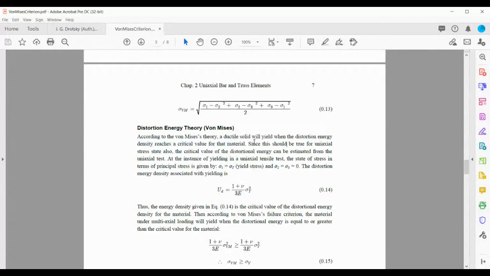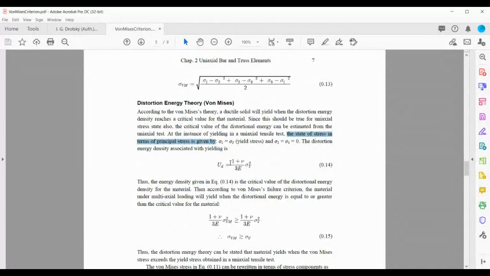Since this should be true for uniaxial stress also, because you can have materials in triaxial and biaxial conditions, the critical value of the distortion energy can be estimated from a uniaxial test. At the instance of yielding in a uniaxial, meaning one axis, the state of stress in terms of principal stress is given by sigma 1 equal to the yield stress, and sigma 2 and sigma 3 equal to 0, because in the y and the z direction there is no stress.